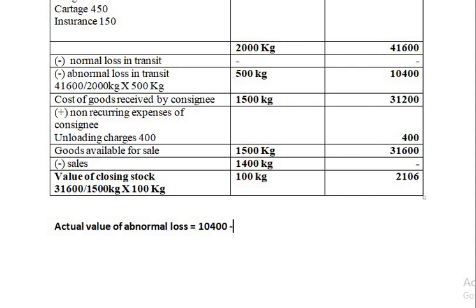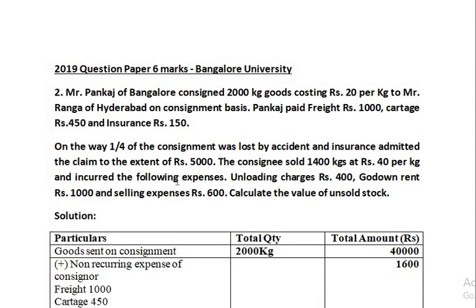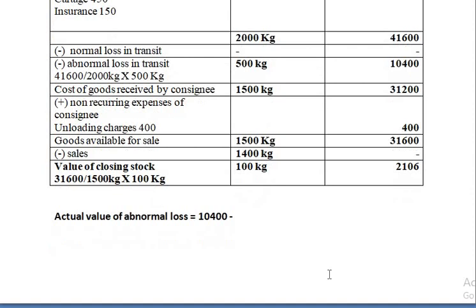But the insurance company paid rupees 5,000 as the insurance claim. So the actual loss for the consignor is 10,400 minus 5,000, that is rupees 5,400, the actual value of abnormal loss.